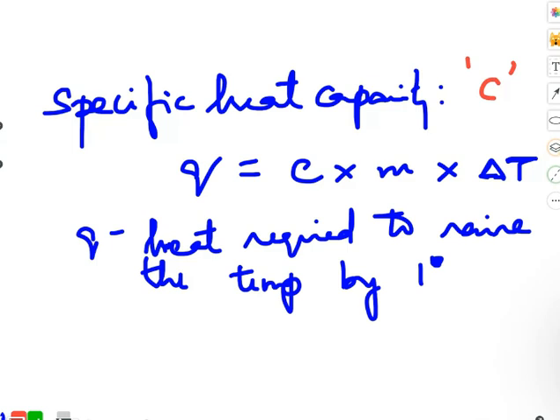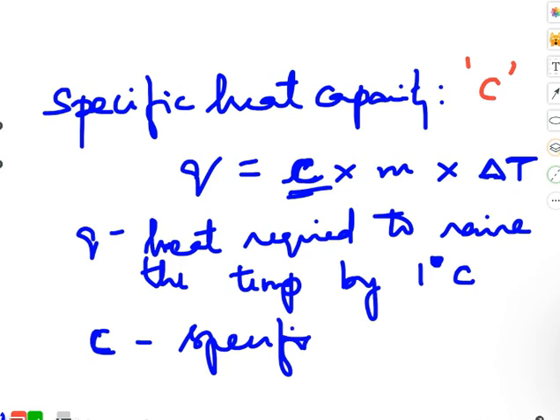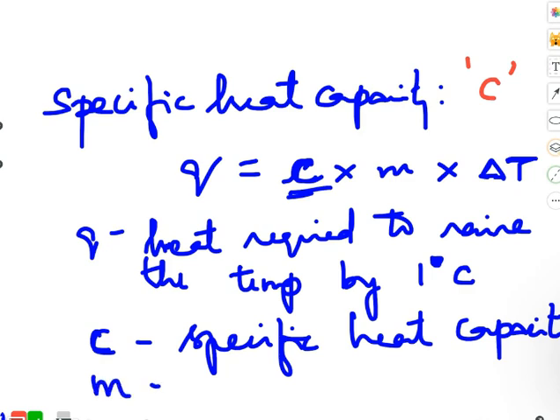This c is specific heat capacity, sir. Heat capacity is C, isn't it? While m is nothing but the mass.